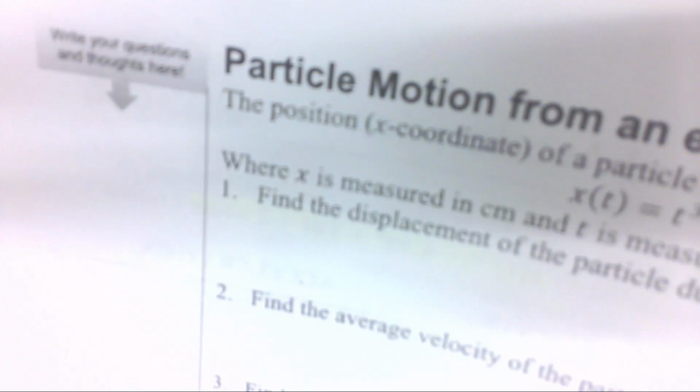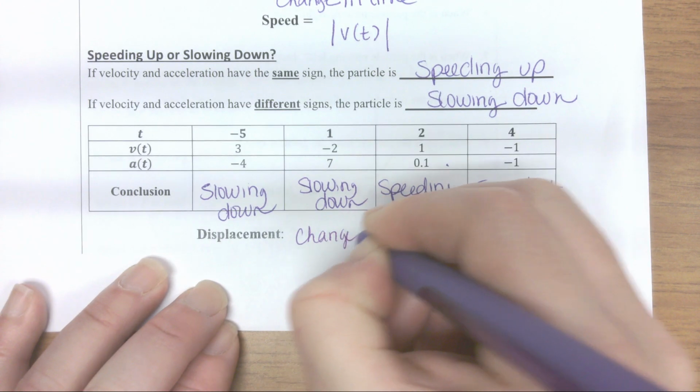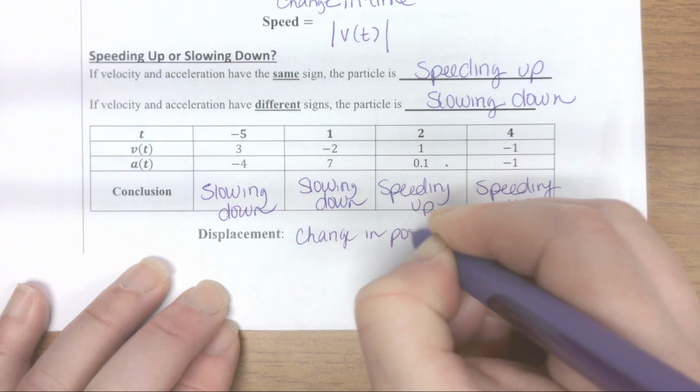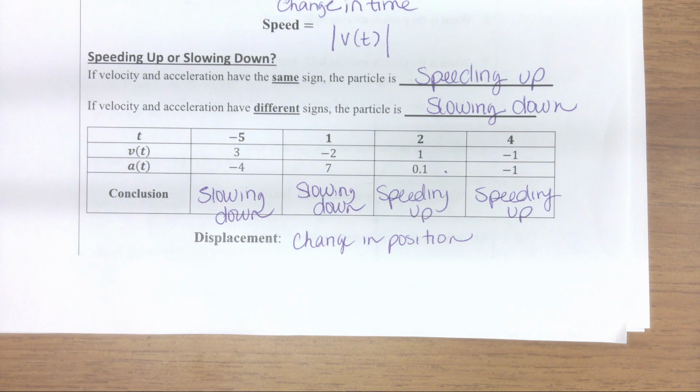What is displacement? The displacement's just the change in position. In this, the tennis ball was moving up and down. Actually, once we got back down to 0, we wouldn't even measure it. Whereas with a particle on a number line, it can be negative because you can go to the left on a number line.